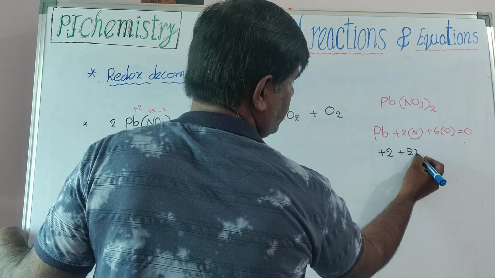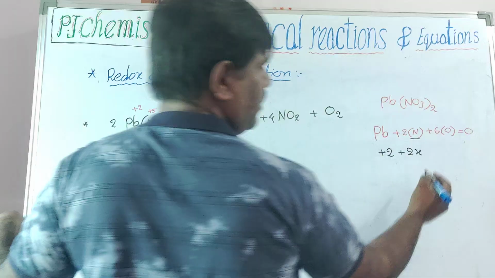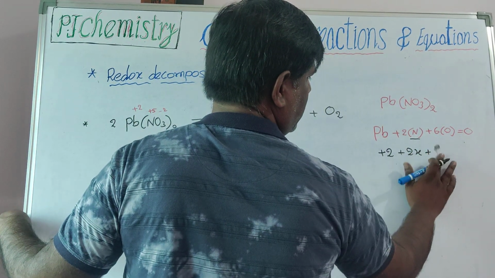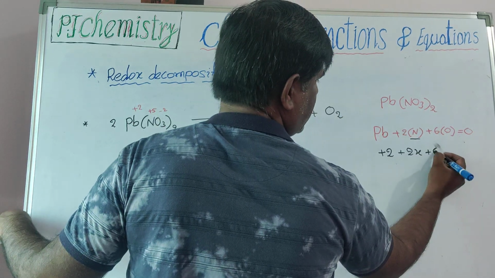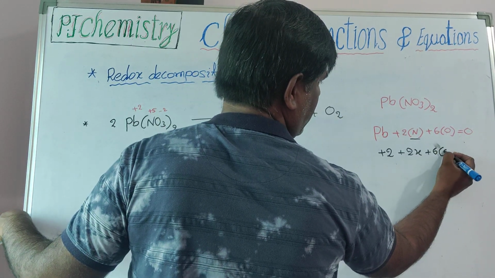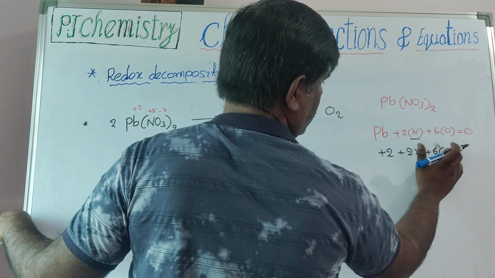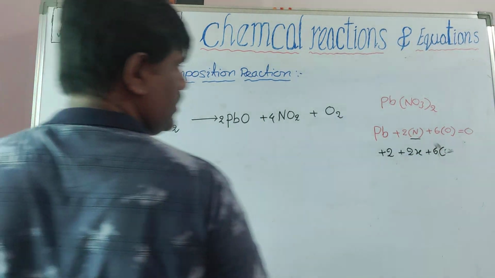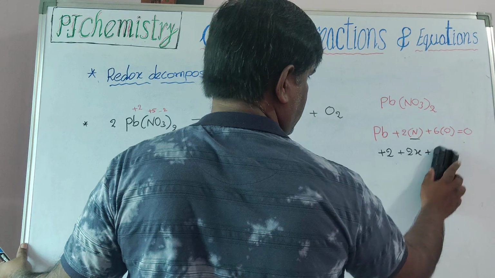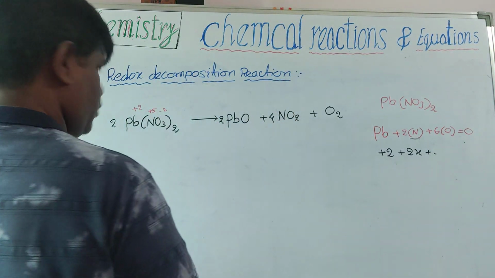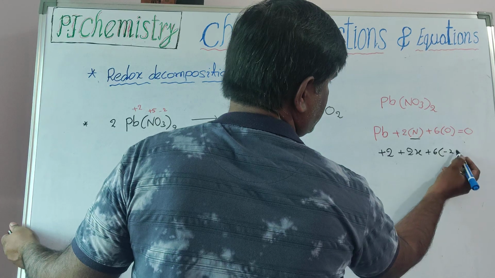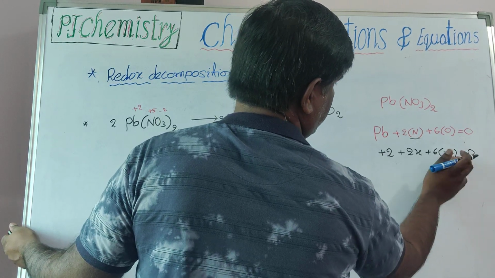Nitrogen we need to find, so 2x, plus total 6 oxygens, each oxygen oxidation number is -2. So 6 into -2, equals 0.